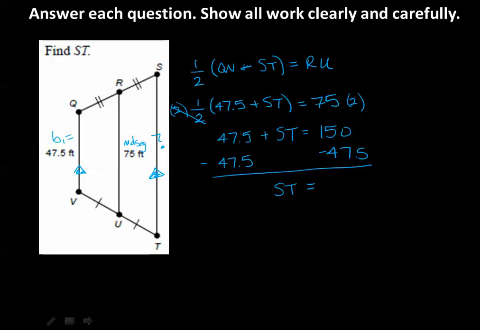Can't do this one in my head. So 150 minus 47.5 is going to give me 102.5. Oops. So ST equals 102.5 feet.